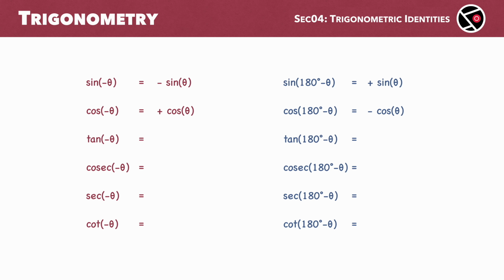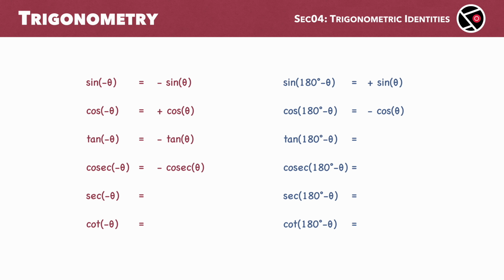Alright, tan is sine divided by cos. So, tan of minus theta becomes sine of minus theta divided by cos of minus theta, which simplifies to minus tan theta. Cosec is just the reciprocal of sine. So, cosec minus theta equals minus cosec theta.